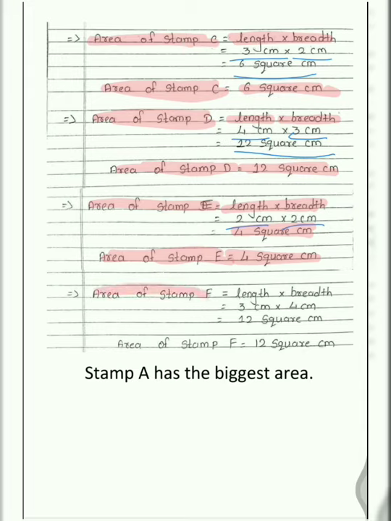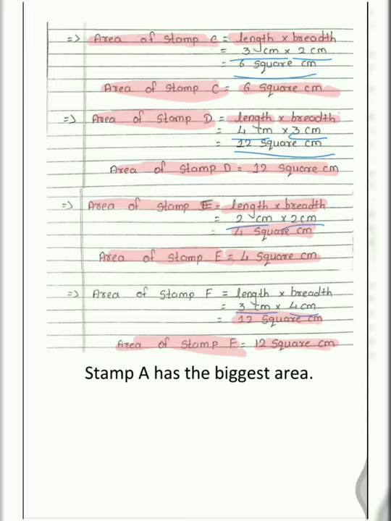Next, area of stamp F is equal to length multiplied by breadth. Again, this time sleeping there are 3 boxes and standing there are 4 boxes. So 3 multiplied by 4, again 12 square centimeter. So area of stamp F is equal to 12 square centimeter.